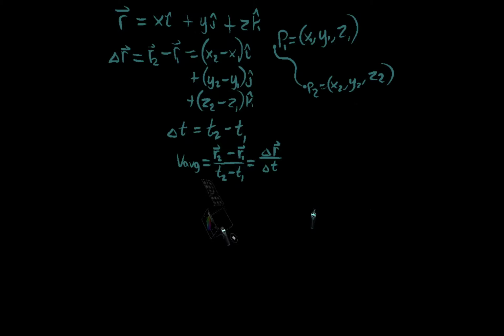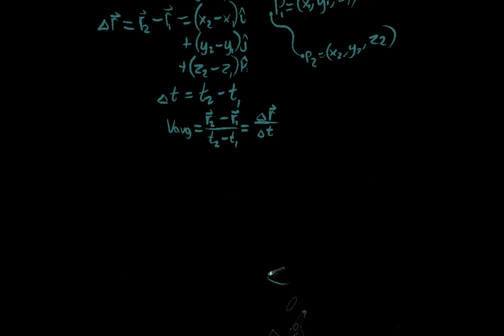And its instantaneous velocity, using the language we built up in lecture 2, instantaneous velocity v would be the limit as delta t goes to 0 of delta r over delta t, which is otherwise known as dr dt.